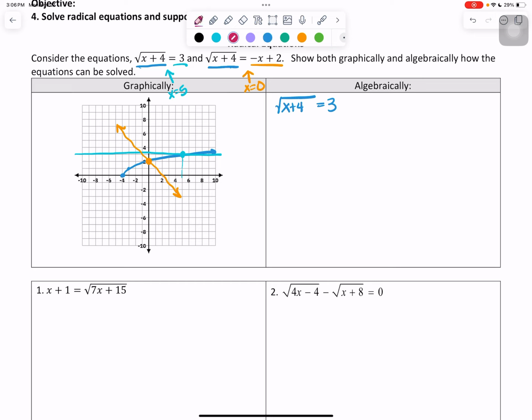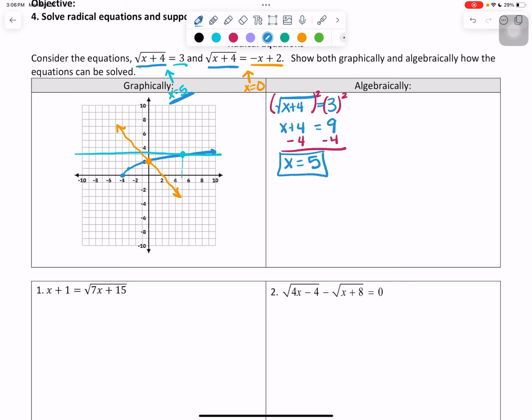So we have to get rid of the square root, and we're going to do that by squaring it. So I get x plus 4 equals 9. And then we finish solving. I have to subtract 4, and I get x equals 5, which is what I said right here. So that is true.